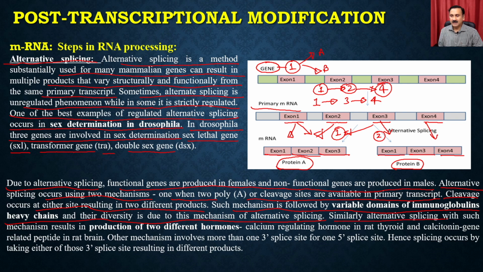Similarly, you can have alternate splicing with such a mechanism in the production of two different hormones: the calcium regulating hormone, calcitonin, in the rat thyroid and the calcitonin gene related peptide in the rat brain. The other mechanism involves more than one 3' splice site for the 5' splice site. Hence, the splicing occurs by taking either of these two, resulting in different products.